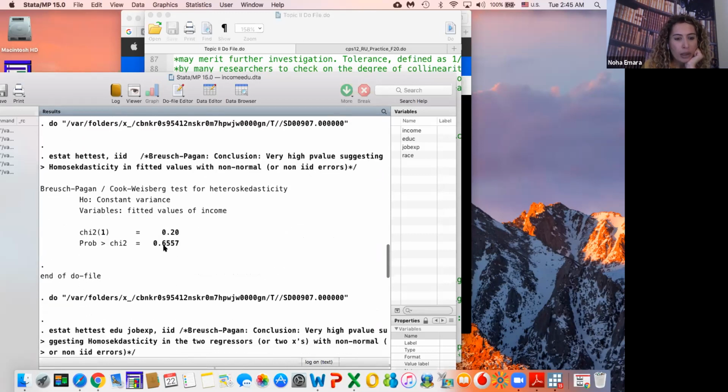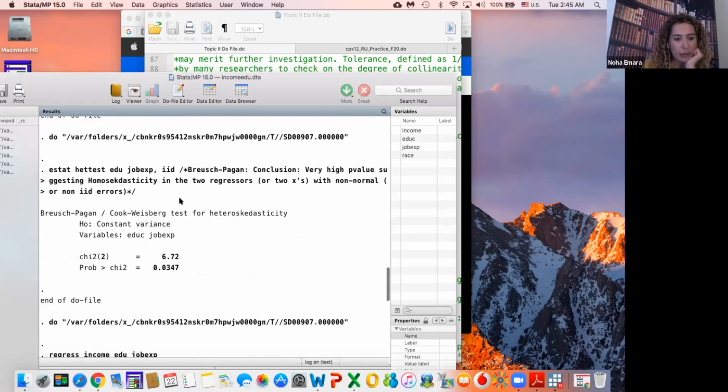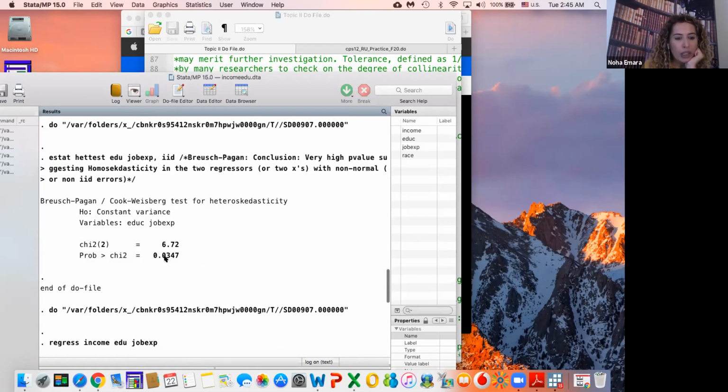And then 65.57% probability of constant variance, then homoskedastic. Now here there is a very low probability of constant variance. Then when I do it on the x's, very low, I'm talking about the 5%, very low probability of constant variance, then I have heteroskedasticity when I perform the test on specific x's in the model.